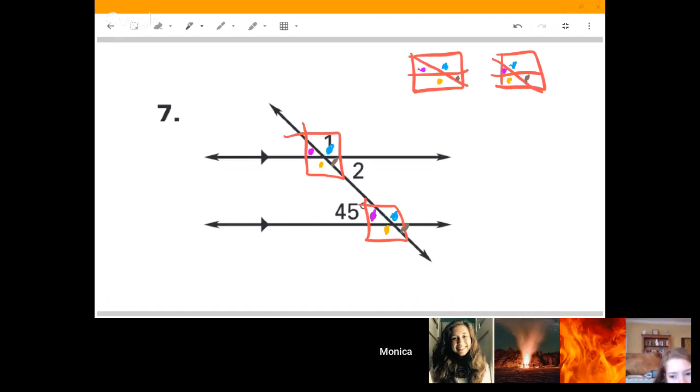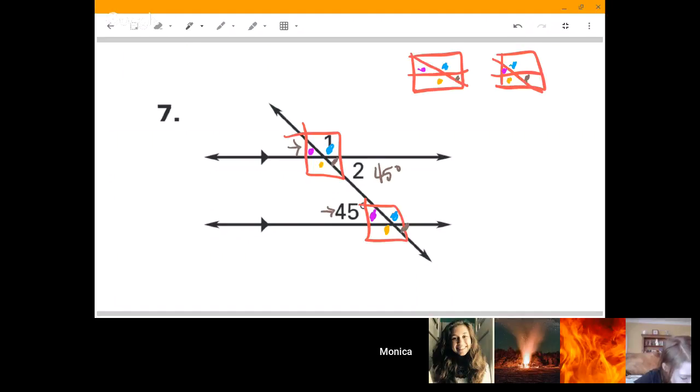Yep, they're vertical angles. And we also know that vertical angles are congruent, right? Okay, so then we know the measure of angle 2, because we can see that 45 corresponds with the pink angle. This 45-degree angle here corresponds with this angle here, so we know the measure of angle 2 is also 45 degrees.